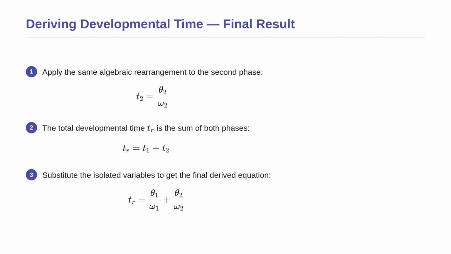This gives us the final derived equation. Total time equals theta-1 over omega-1 plus theta-2 over omega-2. This proves exactly how the individual biological rates sum up to dictate the snail's overall transformation period.